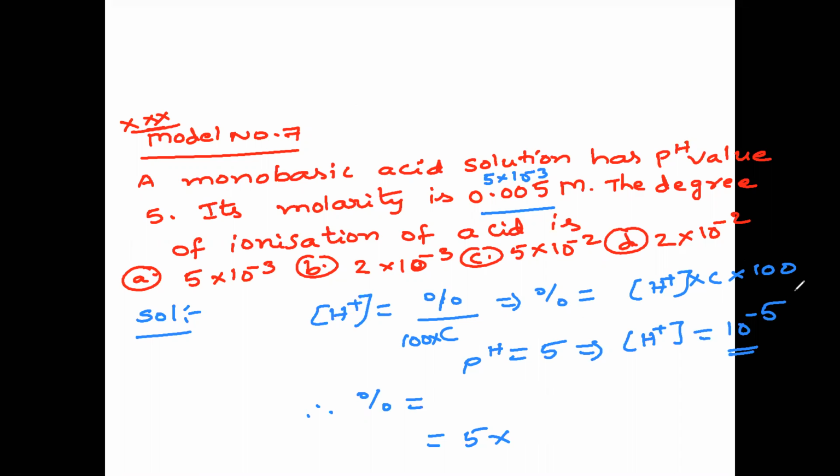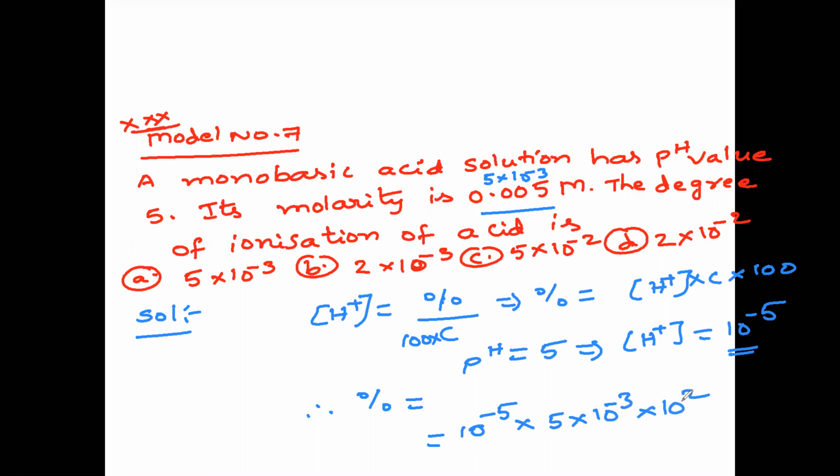H plus concentration into C into 100. Please note down, I have written the formula wrong. H plus concentration is 10 to the power of minus 5 into C value, which is 5 into 10 to the power of minus 3, into 100.